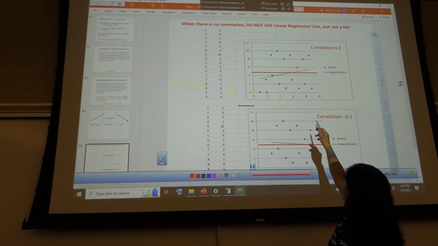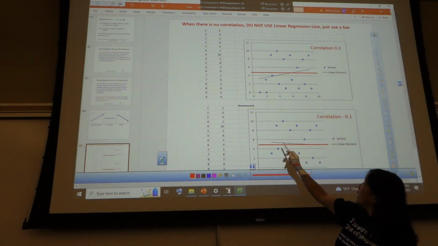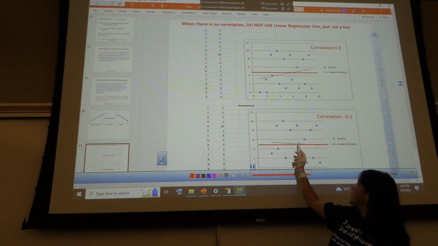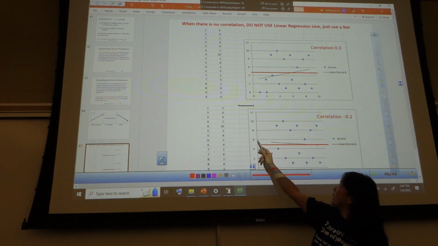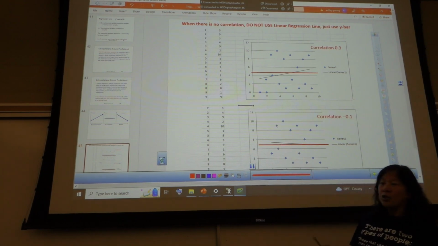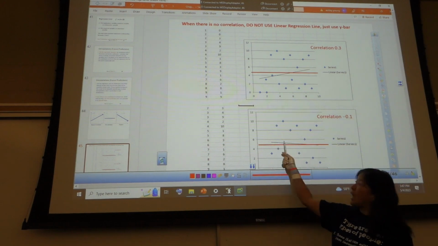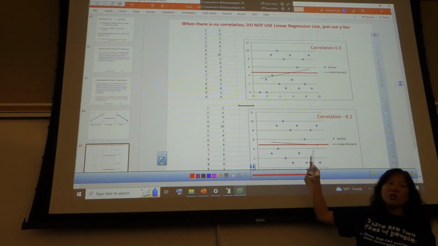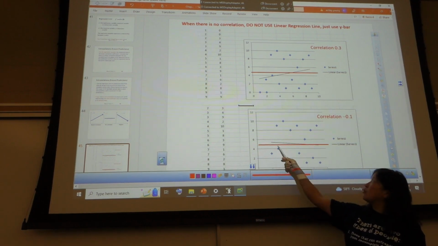If I just take out a couple points, these two are both totally not correlated, then now all of a sudden it has a negative slope. And you'd pick something totally different. You'd say, oh, for 0 it might be like 6 as opposed to like 3. So you cannot use this line. It'll give you a line, but you shouldn't use it because it's worthless. It's useless. If your data is not correlated, just use the average.